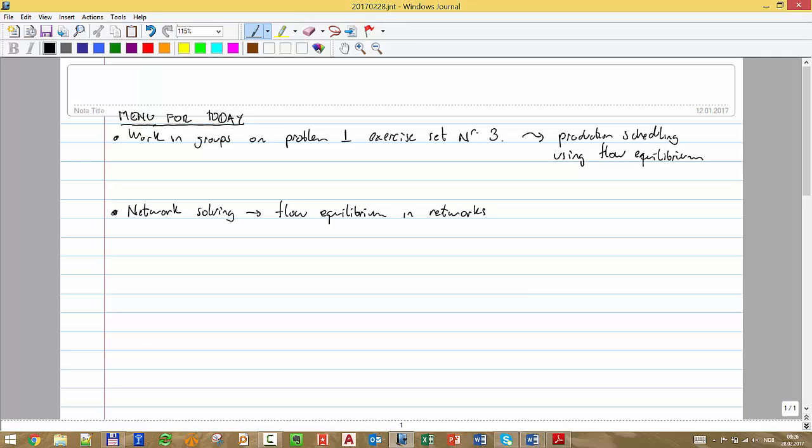And then if we have time, I'm not sure if we will, we will do problem number 2, working in groups again, in exercise 3. That is about networks.